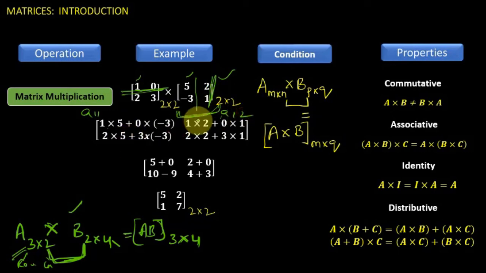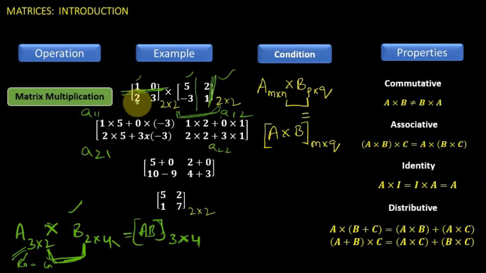Means the row should be fixed. Here 11, here 12, right? Row should be fixed. Similarly, how do I get this column? A21, isn't it? And this one is A22.